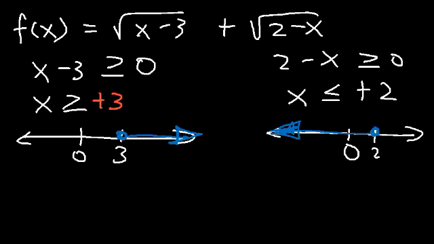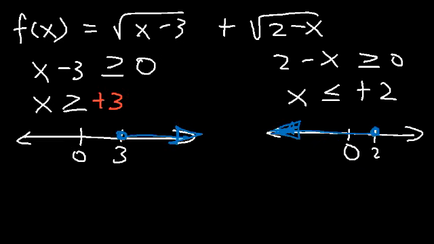So can we plug in 3? Notice that 3 works for this function, but it does not work for this one. 2 minus 3 is negative 1, so we can't have a negative inside of this square root. So 3 doesn't work. If we plug in any number greater than 3 in this region, let's say 5, 5 won't work in this function. 2 minus 5 is a negative number.